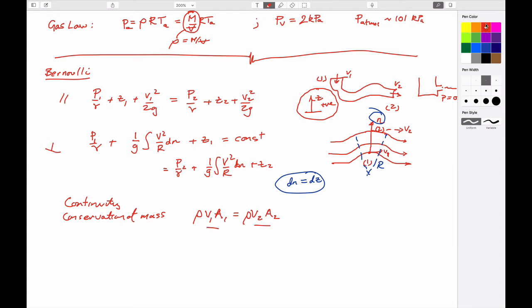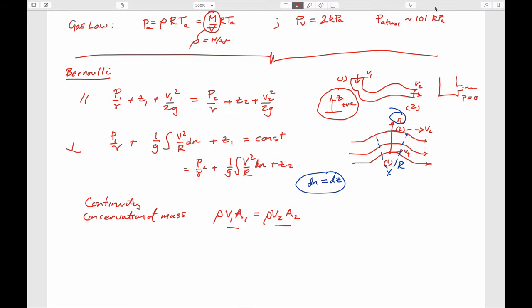Do we go down the road on this? Yeah, go ahead. With a normal n, should it be pointing towards the center? The sign convention is always that n is in the direction outwards from the radius, from the center of the radius.